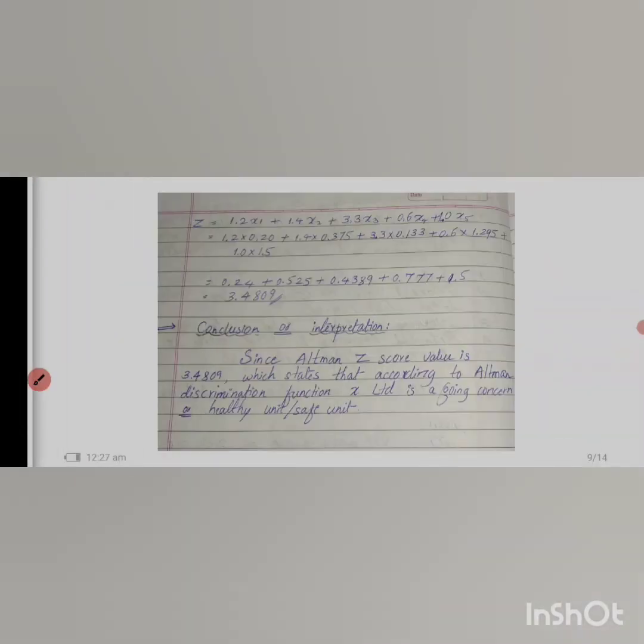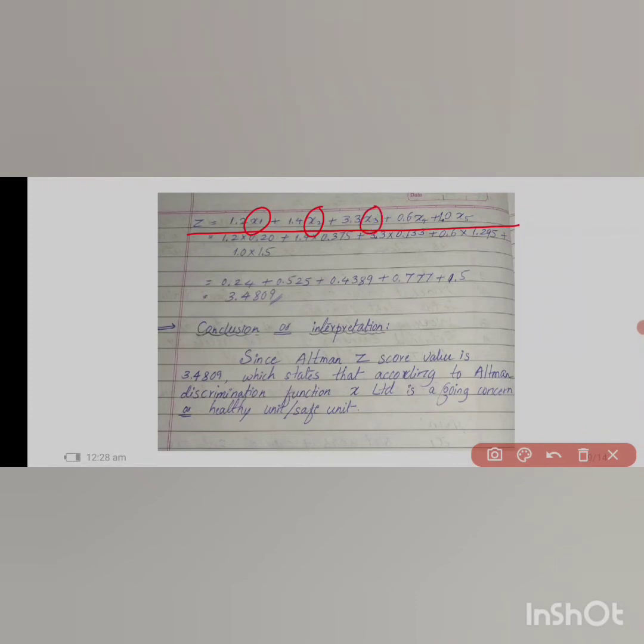See here, the z-score function is 1.2X1 plus 1.4X2 plus 3.3X3 plus 0.6X4 plus 1.0X5. In this formula we have to put the X1, X2, X3, X4, X5 values.